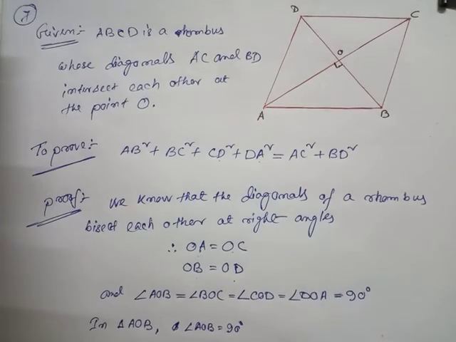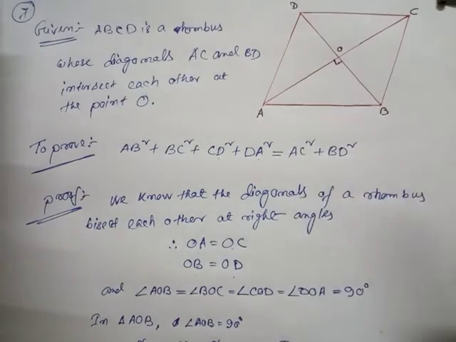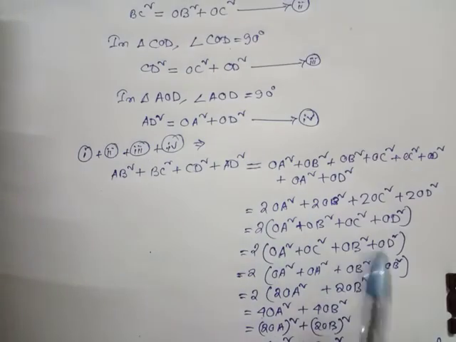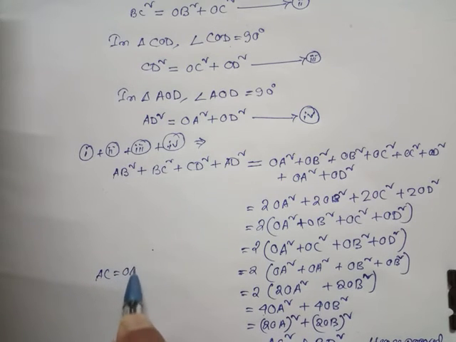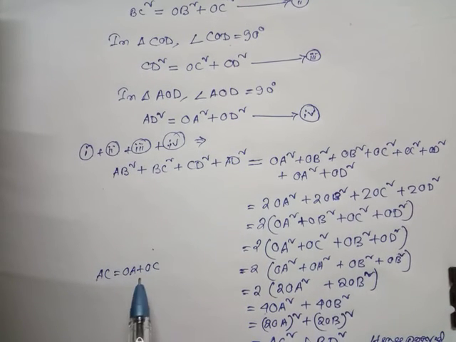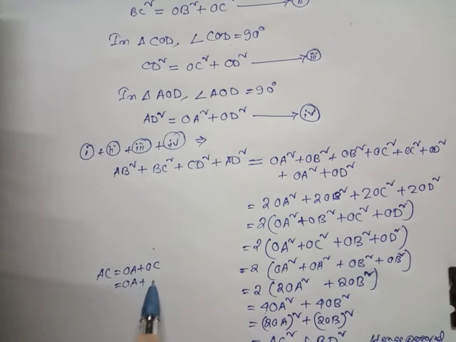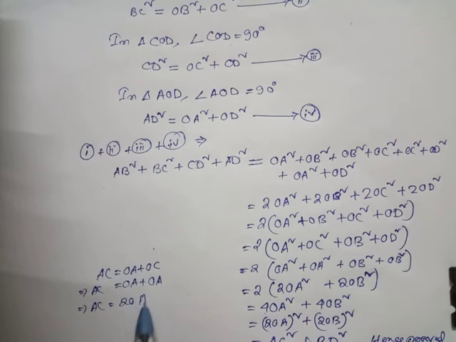Look students, maybe you're confused about the last line, that AC equal to OA plus OC. Now look here, I am doing this one, AC equal to OA plus OC. Since OA equal to OC, in place of OC we can write down OA, because OC equal to OA in the given question, and AC is equal to twice OA.